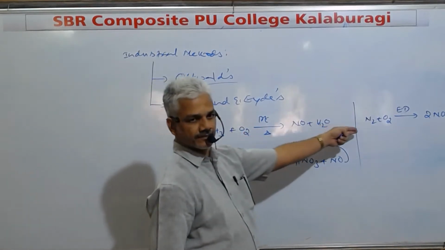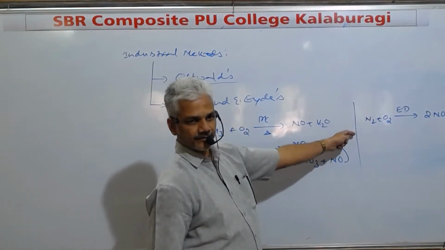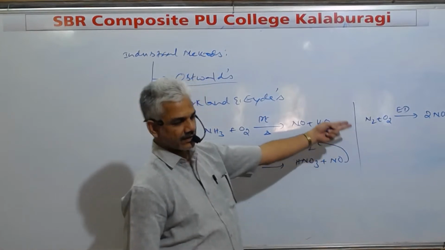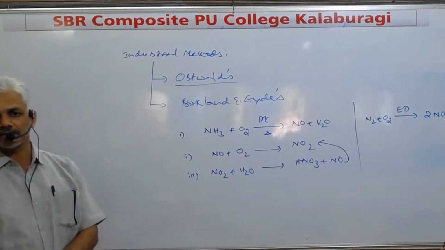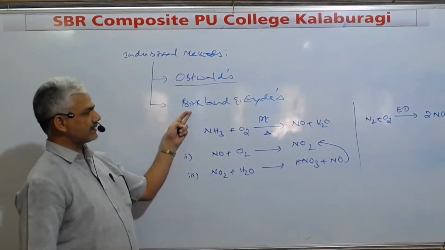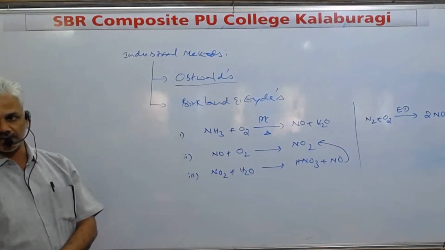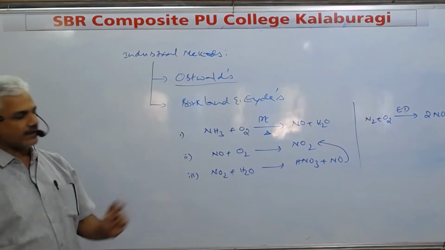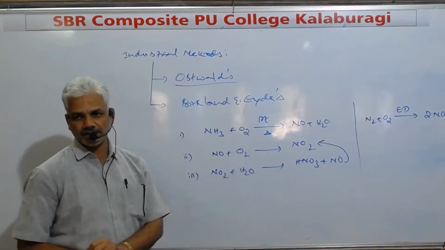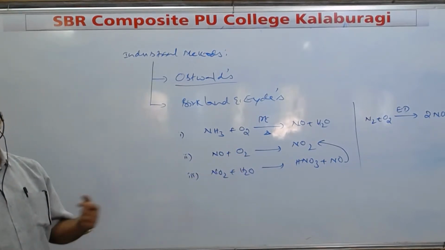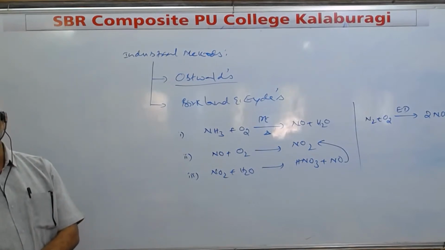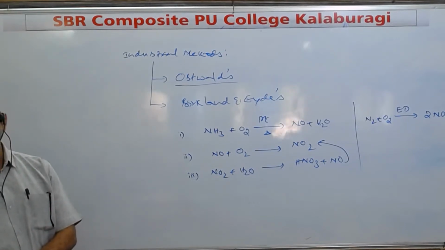Whereas here, it is air, which is free of cost. Any catalyst involved? No. That way, this method is economical compared to Ostwald's method. And in both the methods, the concentration of nitric acid produced is the same. It doesn't make any difference.